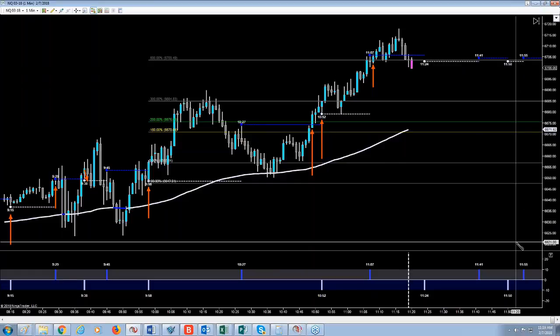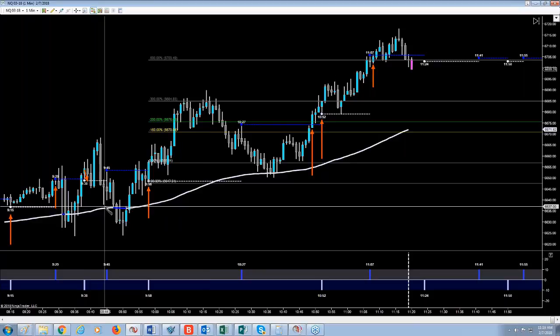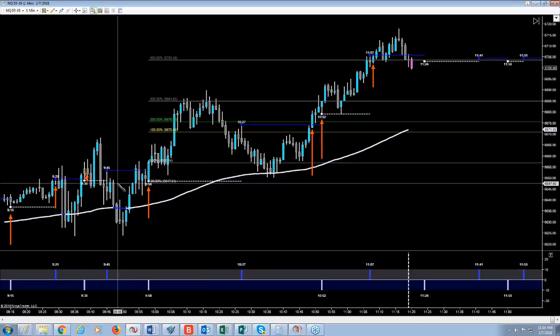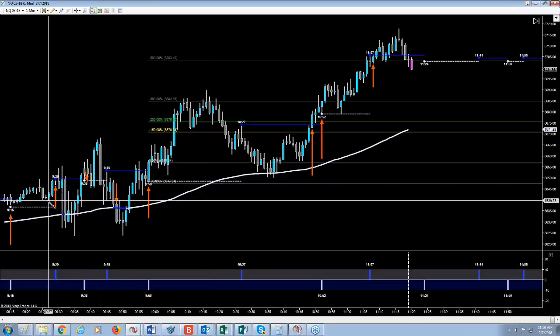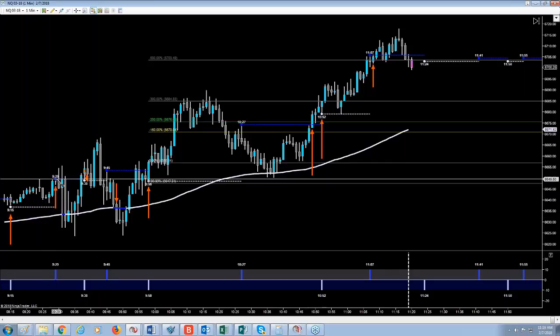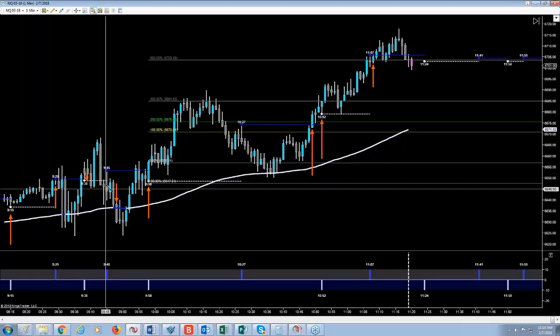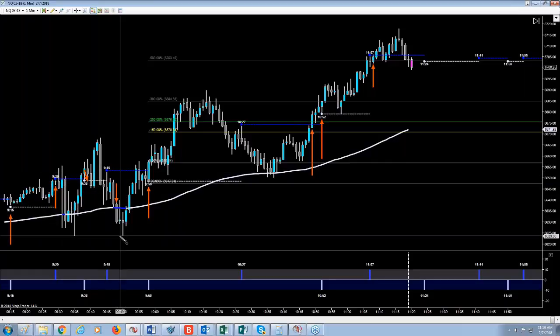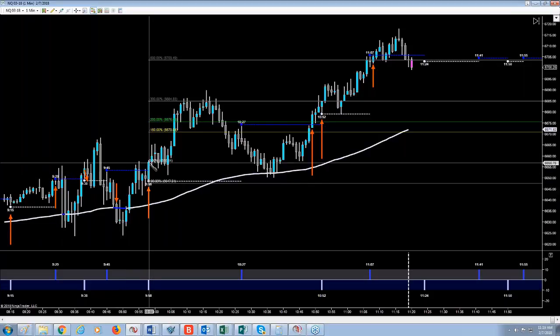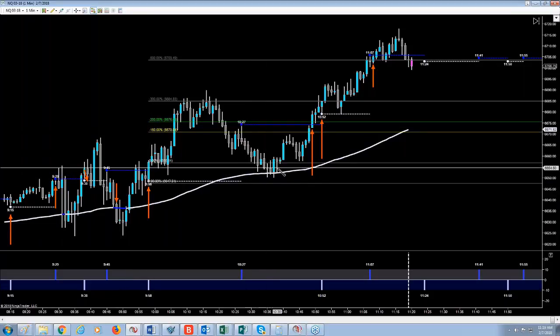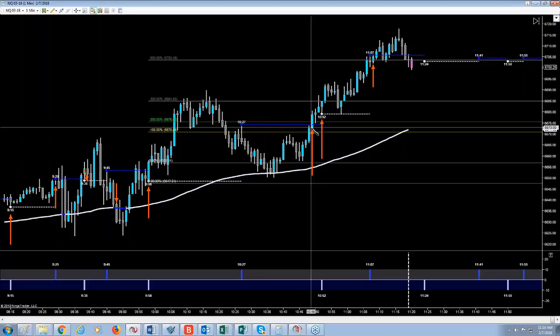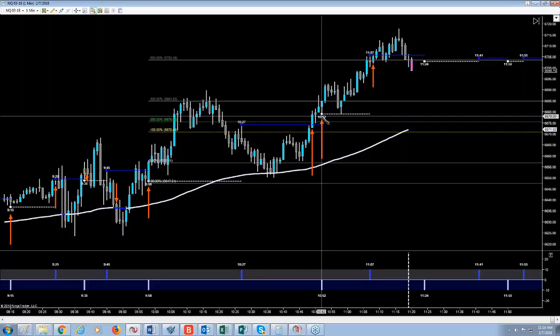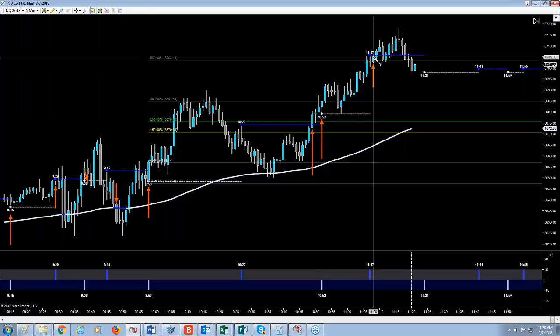So there was a long entry here, a long entry here, a long entry here with a stop out, no long entry here, a crossover signal and a breakdown below, a long entry here, no long entry at 10:27, a long entry at 10:49, 10:52, a chance to add to the position, 11:07, a long entry too.